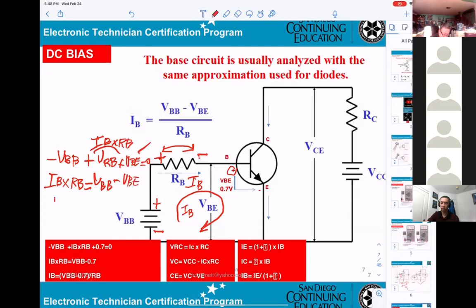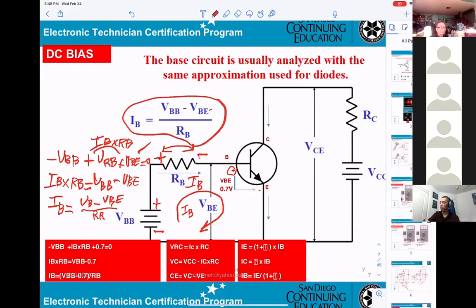Now if you want to calculate the IB only, then IB equals VBB minus VBE, divided by RB.